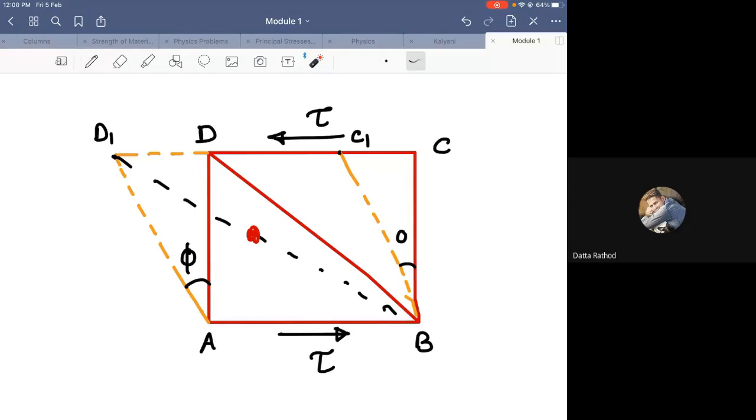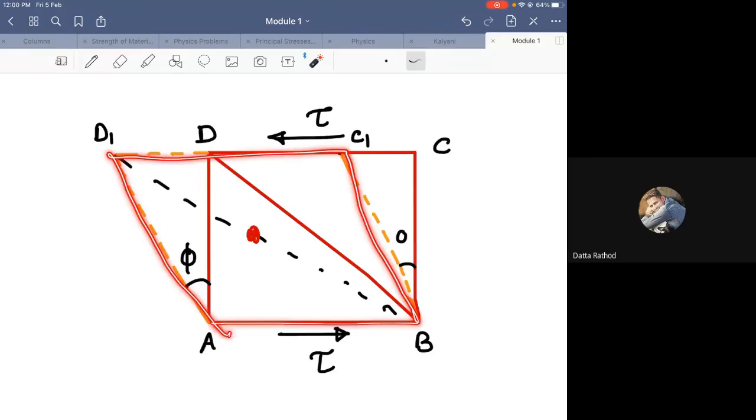And this block ABCD now will be observed as AB C1 D1. Okay, so there is a deformation we observed in the block ABCD. The block now looks like this.